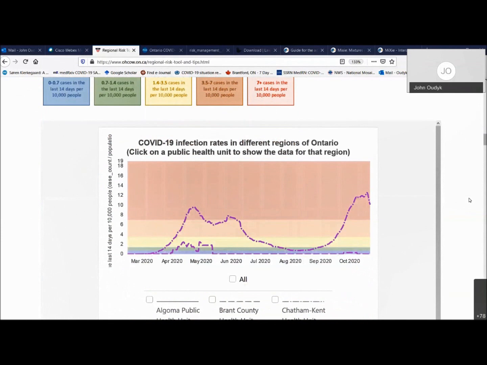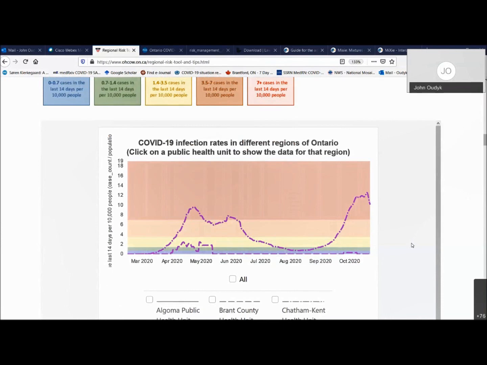And here's a graph that we produced that shows the level over time. What I'm showing here is the Toronto Public Health rate for Toronto, and also the rate for Temiskaming Health Unit. And you can see, contrasting these two areas, that one size does not fit all.